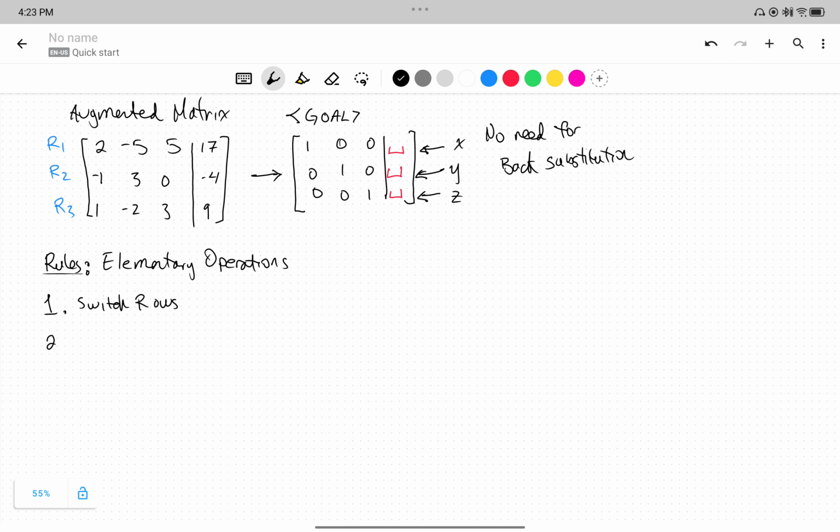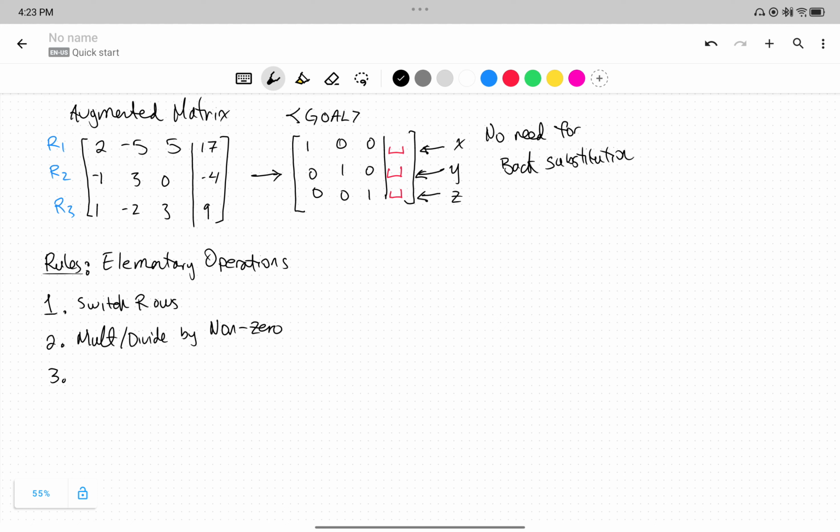Rule number 2, multiply or divide by anything you want, just as long as it's not 0. Multiply or divide by non-zero. Rule number 3, this is where the elimination part kicks in.